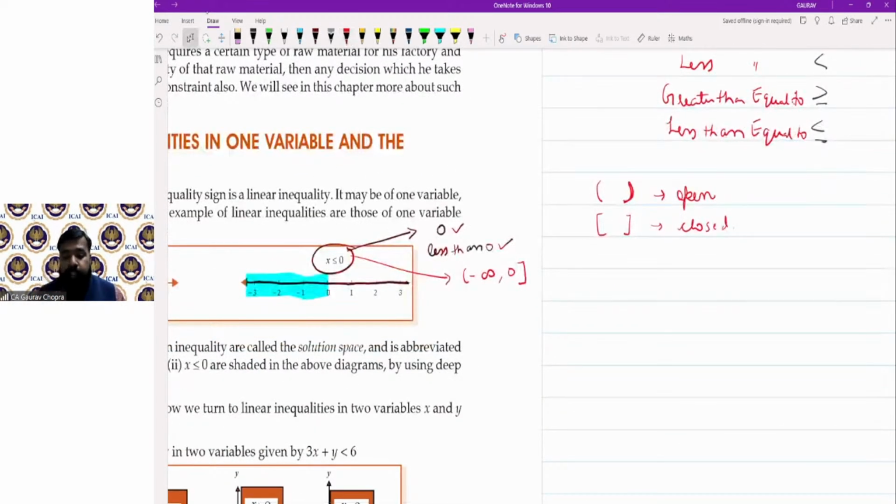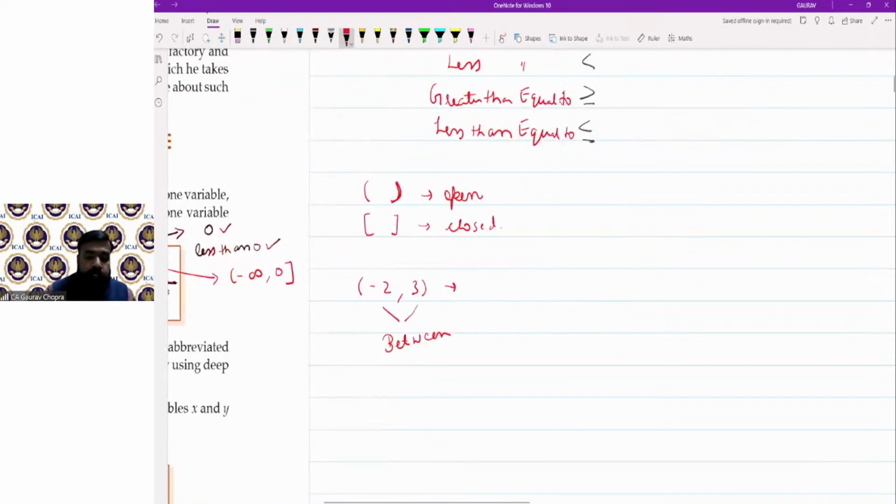So if we have written any value like from -2, 3, it means that the required shaded region will be between these two, and -2 and 3 are not included. Only what is between these two is included. So let us mark this on a number line.